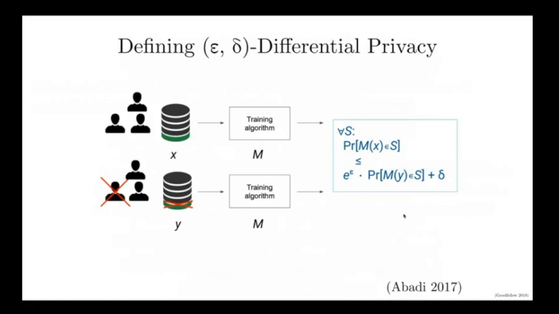Being able to do this requires introducing some stochasticity into our training algorithm so that there's uncertainty about which parameters come from which data set. And if we can show that the stochasticity has a greater effect than the inclusion or exclusion of an individual patient, and the attacker can't figure out whether that user was even in the training set or not, then in some sense we can say that we have not violated that patient's privacy because they didn't substantially affect the final parameters.